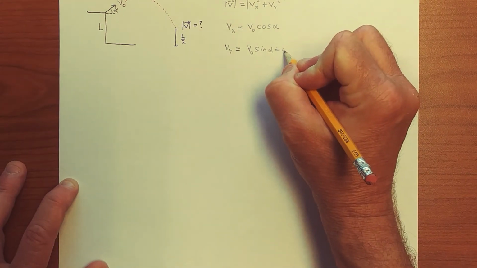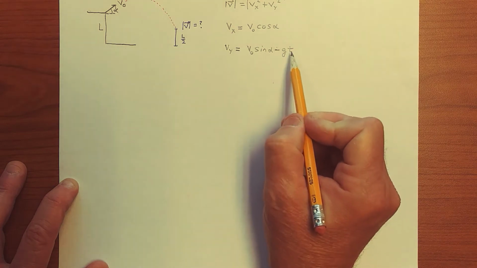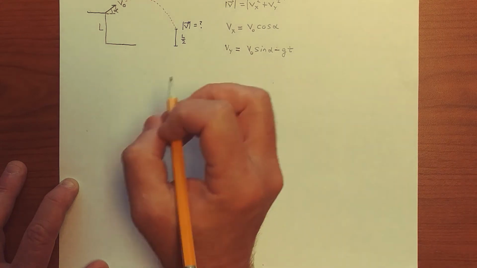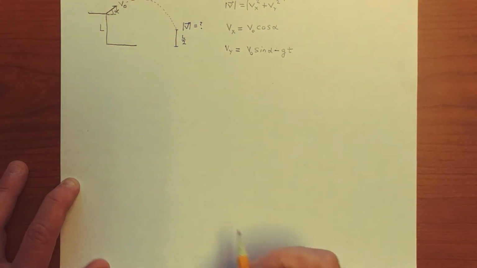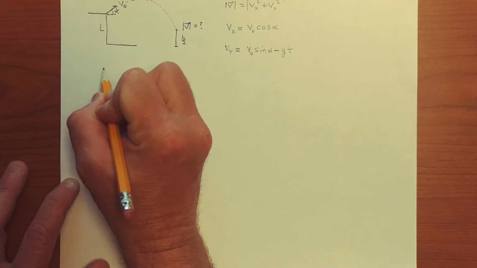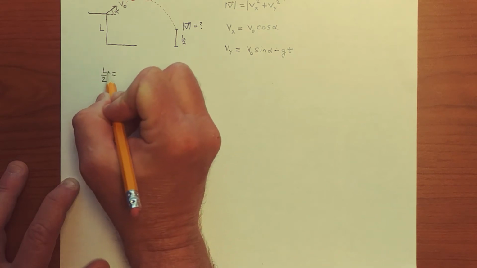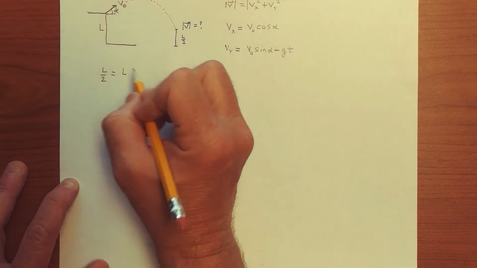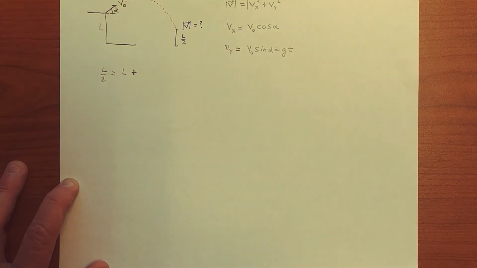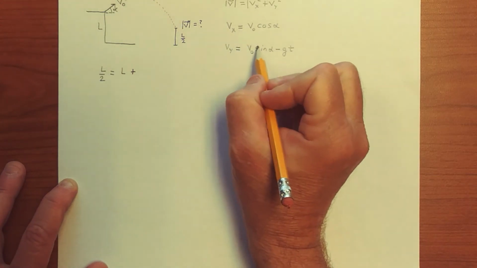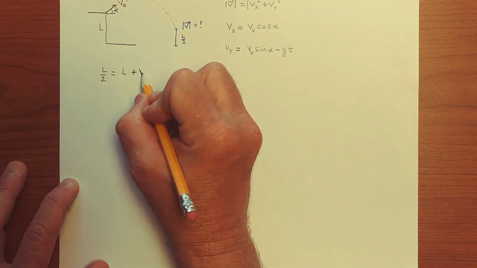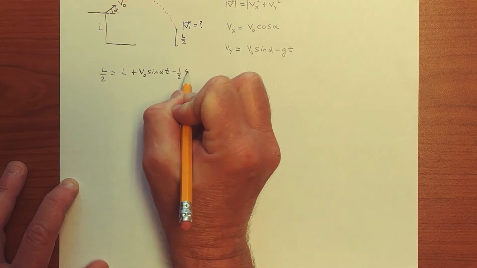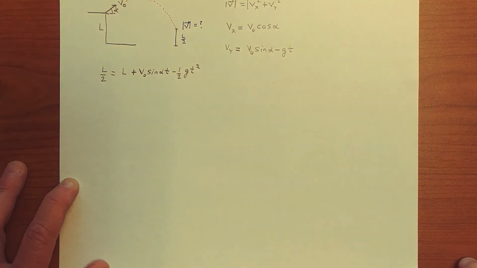But over time, that value changes, and so we need to figure out the time t when the object is at this height. So that forces us to the second, or the first kinematic equation. Right, so when the object is at a height L over 2, y equals y naught, and y naught is L, plus V naught y t, which is V naught sine alpha t minus 1/2 g t squared.